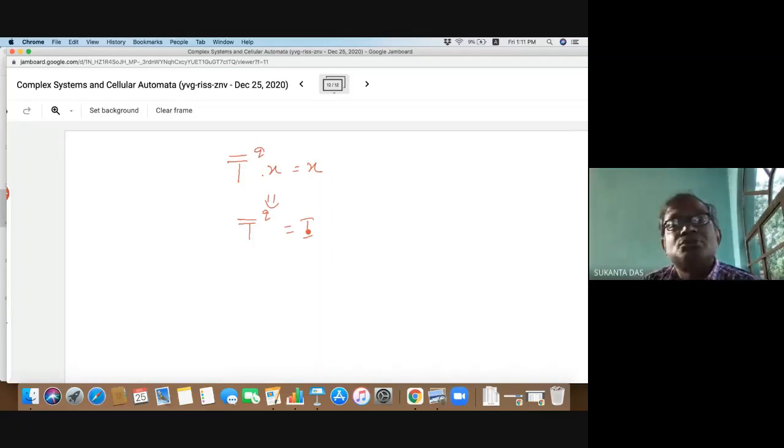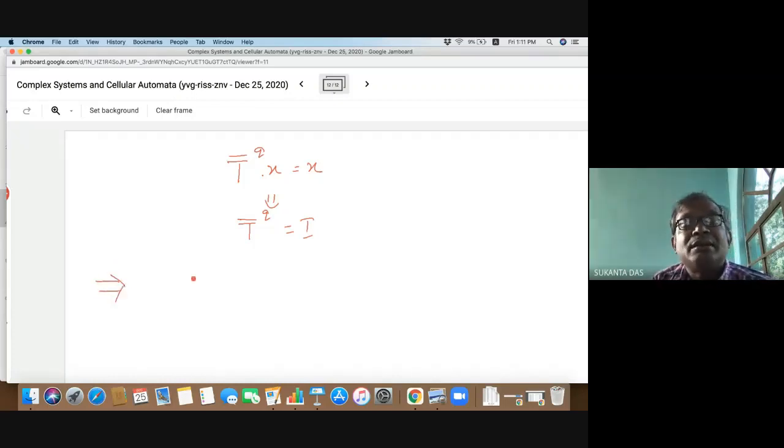Okay, so both the parts we get. So really T to the power Q is equal to I. Hence the proof.